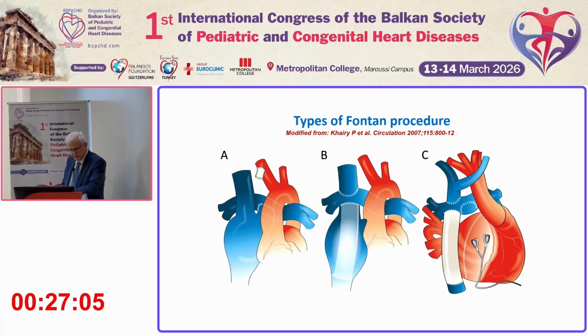Another very important group of patients with atrial arrhythmias, as we know, is the patients who have undergone a Fontan procedure. And we know that the Fontan operation has undergone multiple transformations, starting from the old-style atriopulmonary Fontan, moving on to the intraatrial tunnel, and finally, nowadays, the extracardiac Fontan.